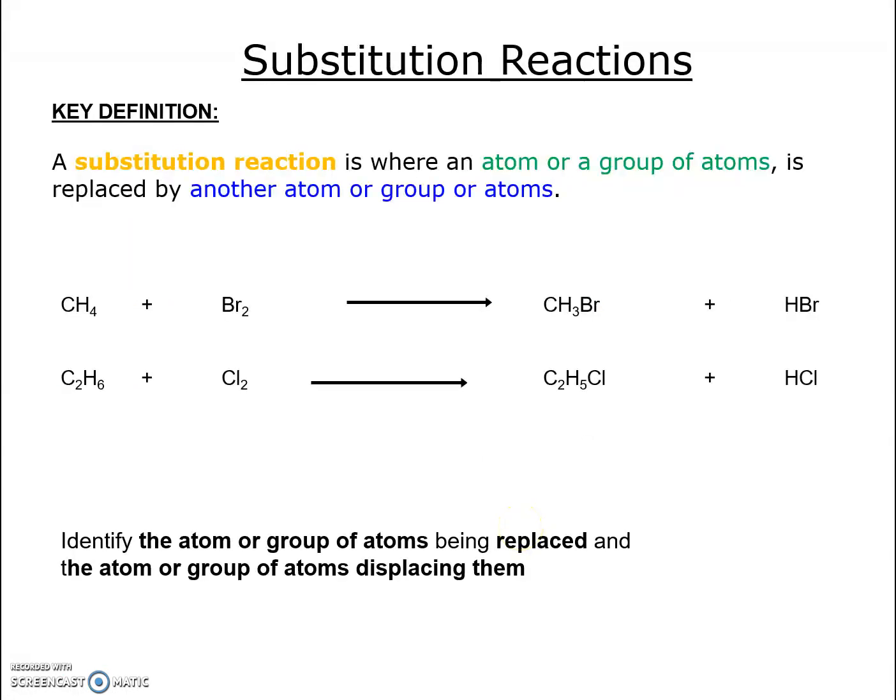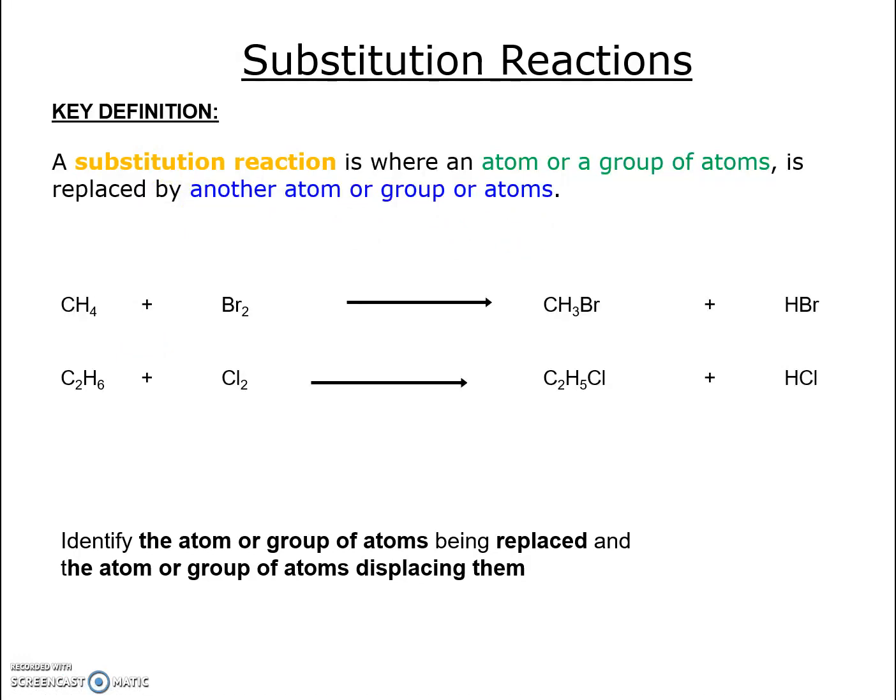Now, the reaction that we're studying is a radical substitution reaction. It's a substitution reaction because an atom or a group of atoms is being replaced by another atom or group of atoms. That's a definition that you do need to know.